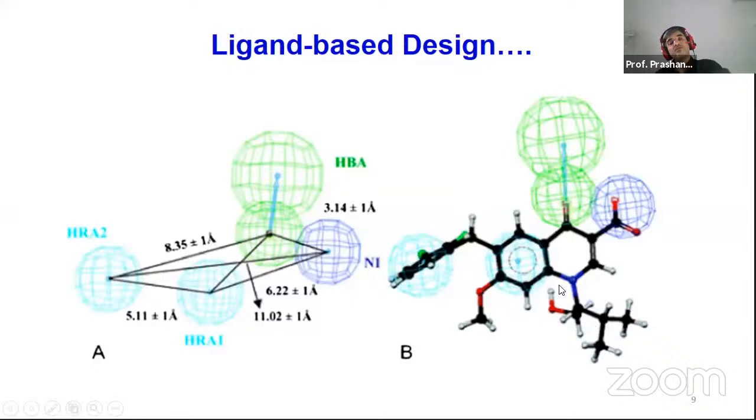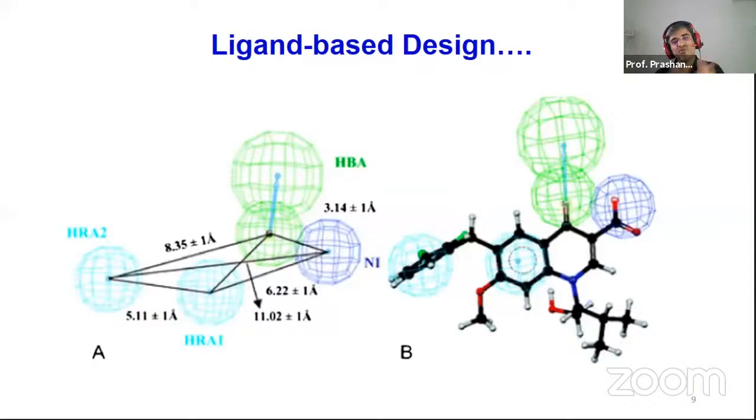So this molecule which has pharmacophoric similarity with the pharmacophore is likely to be active. This is ligand based drug design, where we do not take into consideration the three-dimensional structure of the protein at all, because we either don't know it or we don't want to use it.